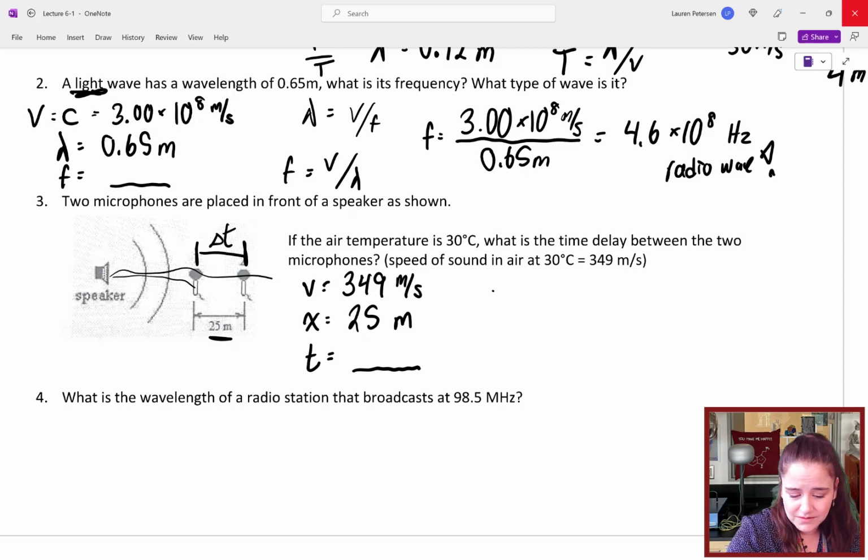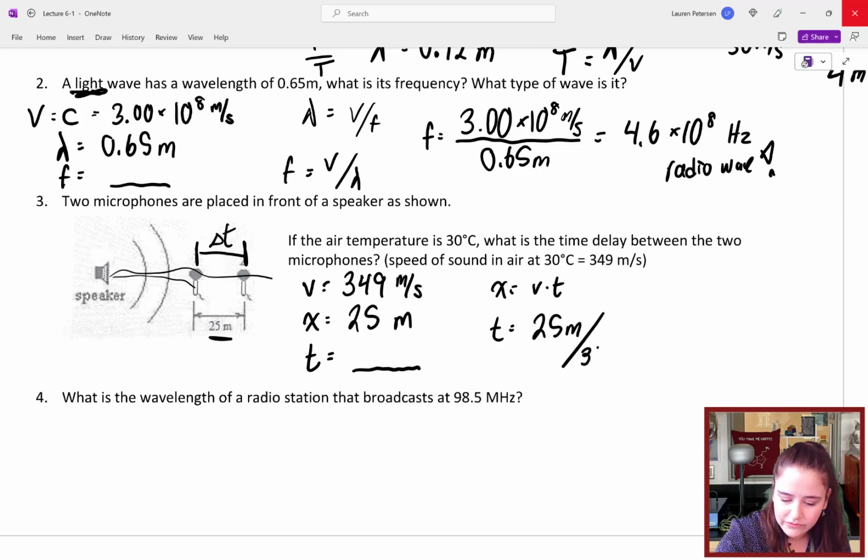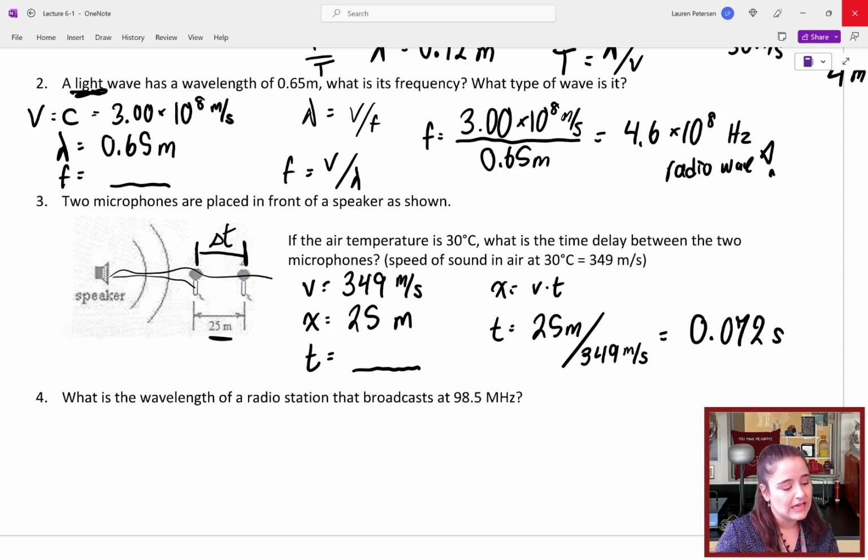We know distance equals velocity times time. We know the speed of the sound wave, we know the distance, and we are looking for that time. So for 25 meters, if a wave was traveling at 349 meters per second, it would take 0.072 seconds to travel that distance, meaning that would be the difference between the times.